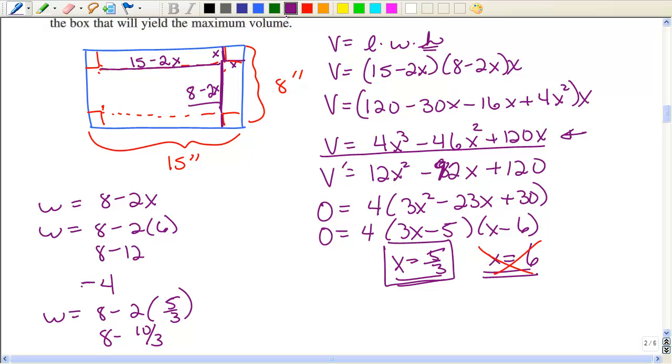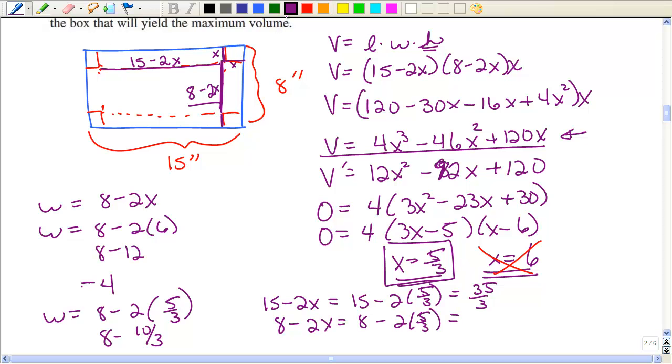So 5/3 is going to be my x value, and then I just need to substitute. 15 minus 2 times 5/3 is going to equal 35/3. Then I have 8 minus 2 times 5/3, which is going to be 14/3. And then, of course, I have the 5/3. So those would be the dimensions of the box.